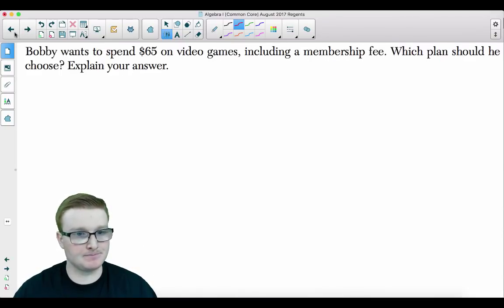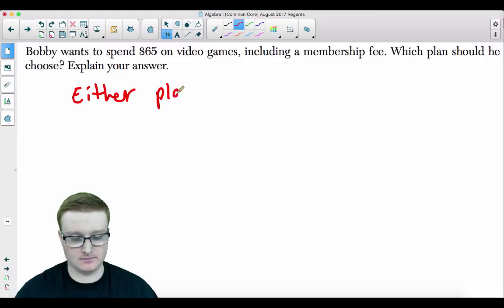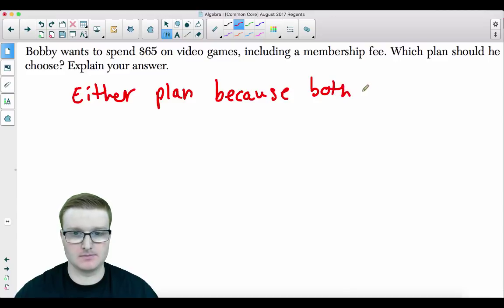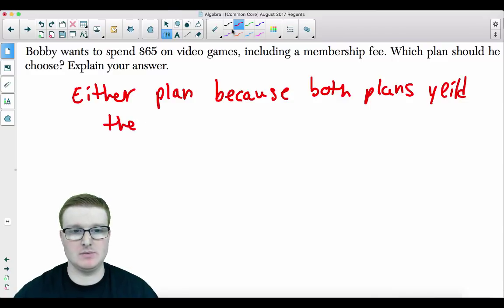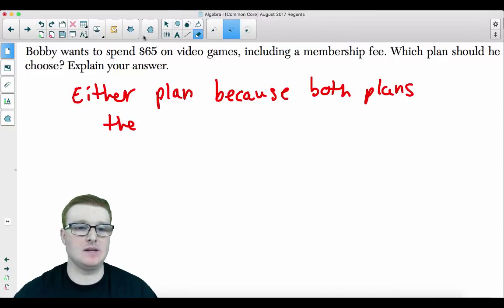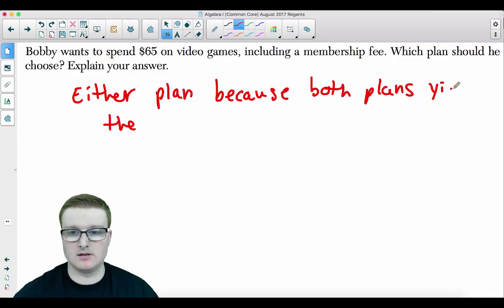So we're going to say that either plan, because both plans yield, that should be an I before E except after C, except in words that sound like neighbor and weigh.